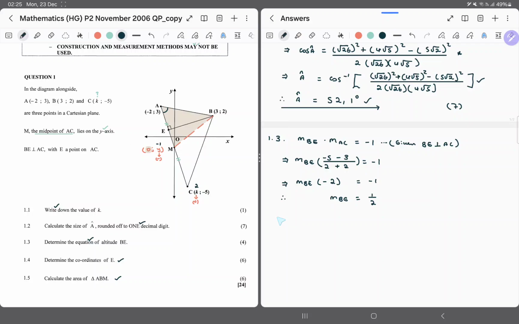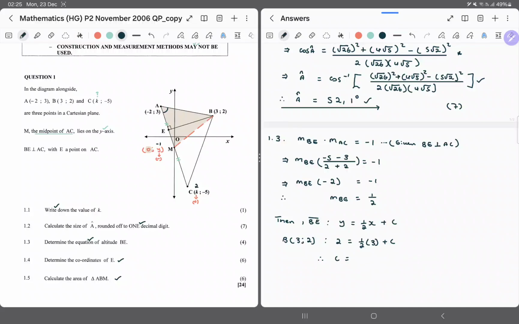So we can say then we know that the line BE will be such that y equals a half x plus c. Now through point B, which is (3, 2), we will see that 2 is equal to a half of 3 plus c.